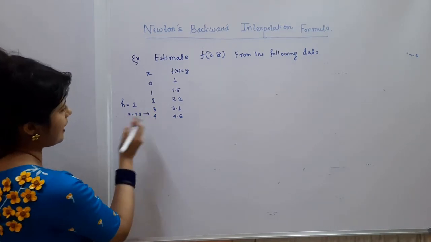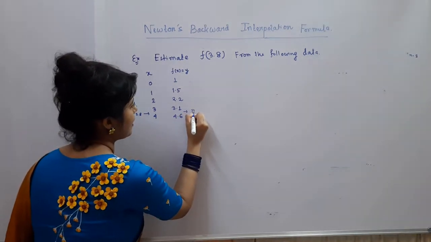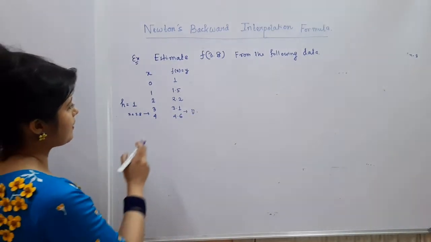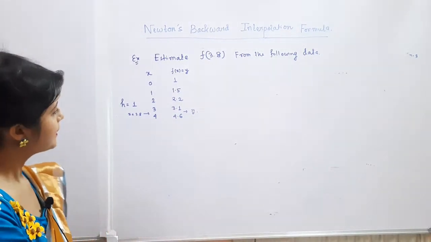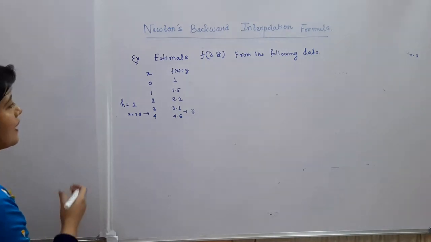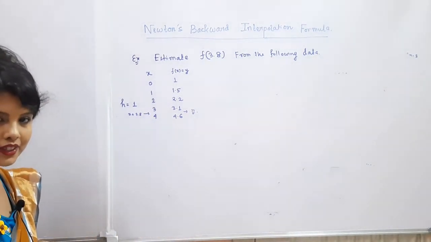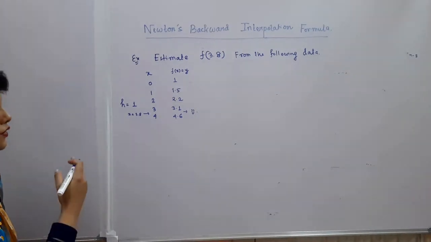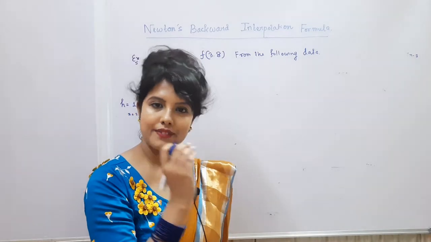It is at the end of the list, so the value of y should be in between 3.1 and 4.6, right? Now I can easily apply Newton's backward interpolation formula, for which I have to prepare the difference table.